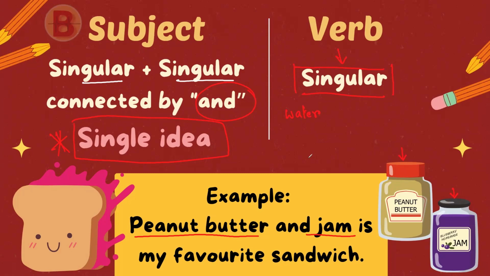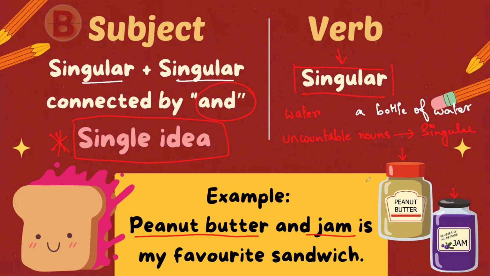So the things which cannot be counted are known as uncountable nouns. And uncountable nouns are considered singular. So this is something you need to remember. They are considered singular. What if I say there is a bottle of water?